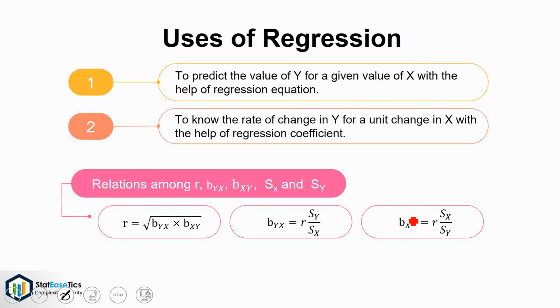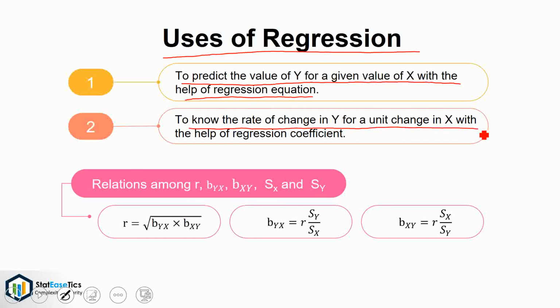Now, let's see the uses of regression. Regression can be used to predict the value of y for a given value of x with the help of the regression equation. The second use is to know the rate of change in y for a unit change in x with the help of the regression coefficient.